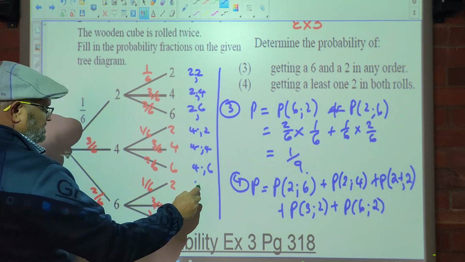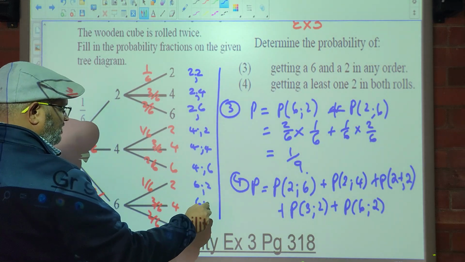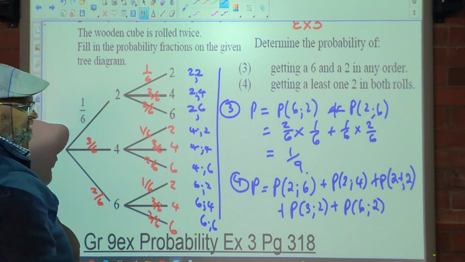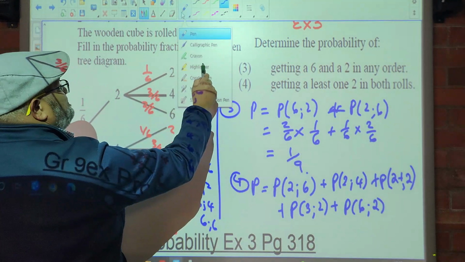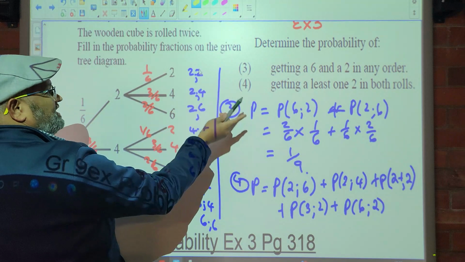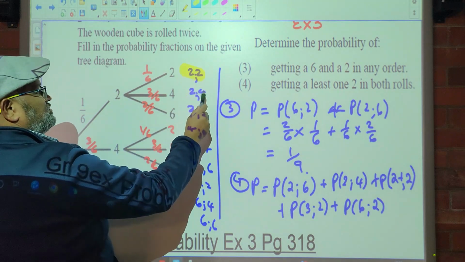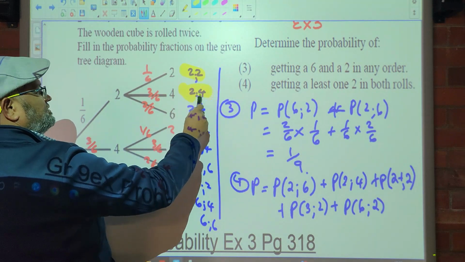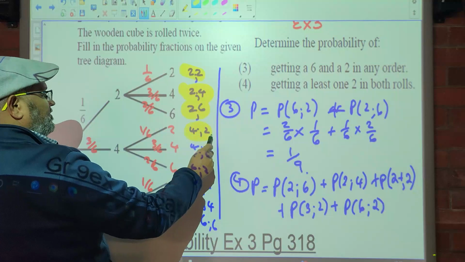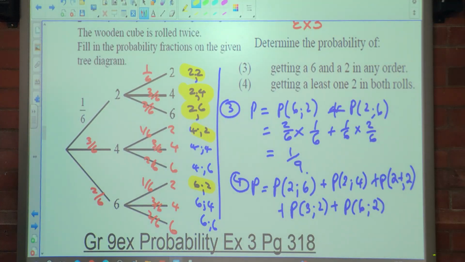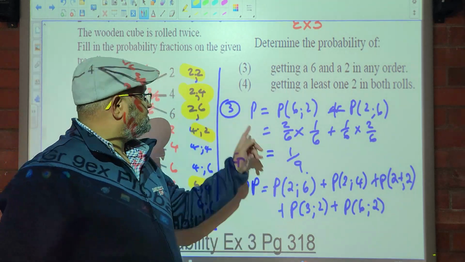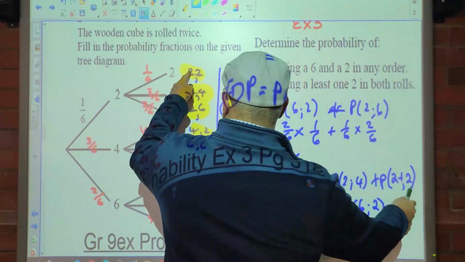Could be a 6, 2, 6, 4, 6, 6. So I go with the condition they're looking at. The condition says it must be at least 1 two. So can I have 2 twos? Yes. There's 1, 2, 3, 4, 5 that satisfy that condition. There's the 5: 2, 6, 2, 4, 2, 2.